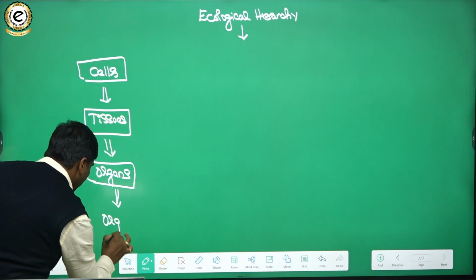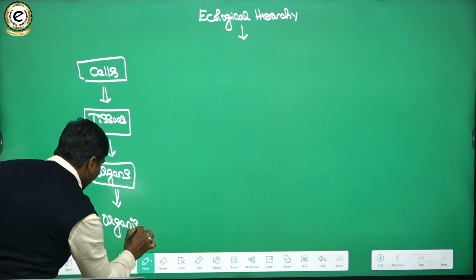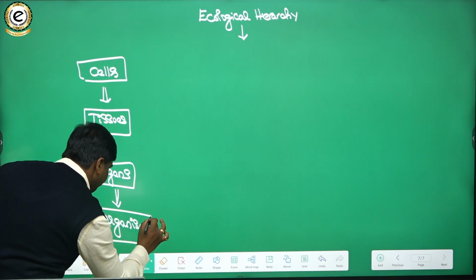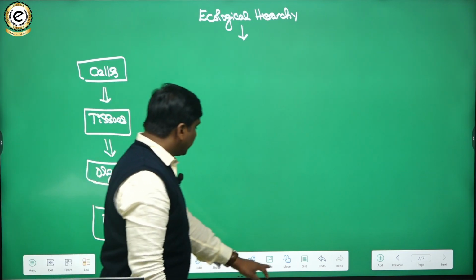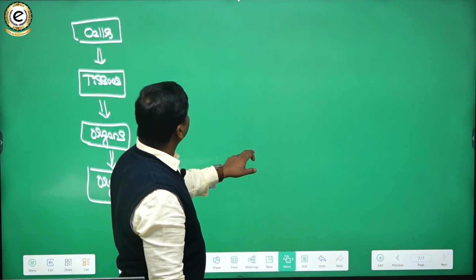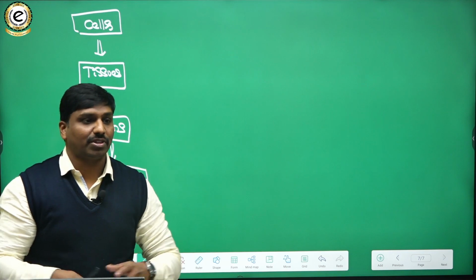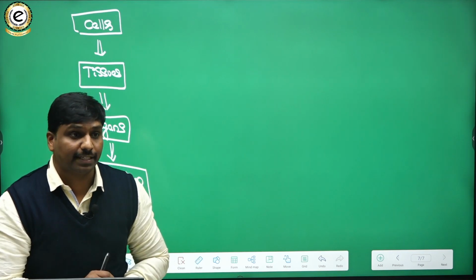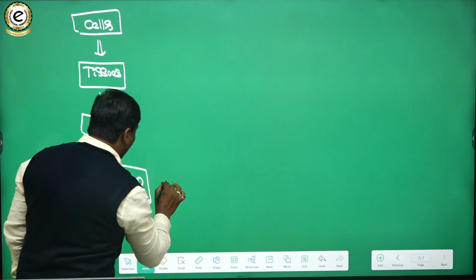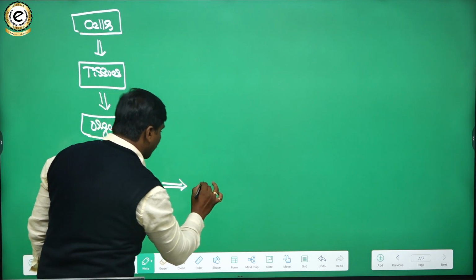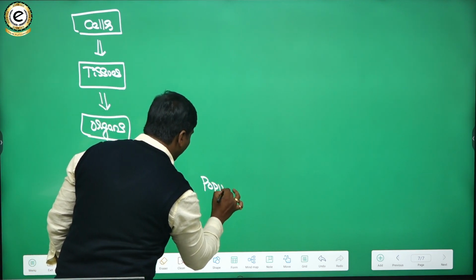And thus the organism would be formed. Now, a group of organisms, or an assemblage of various organisms or individuals, refers to a population.